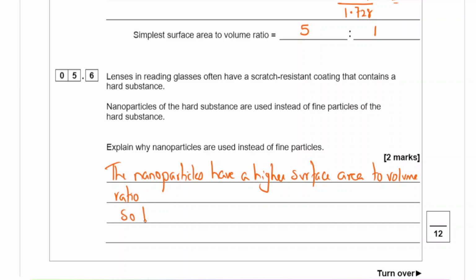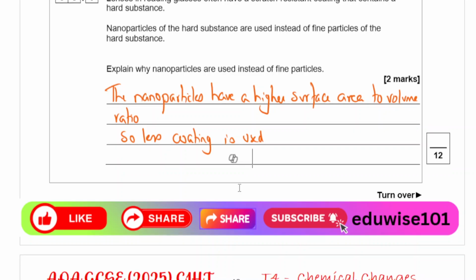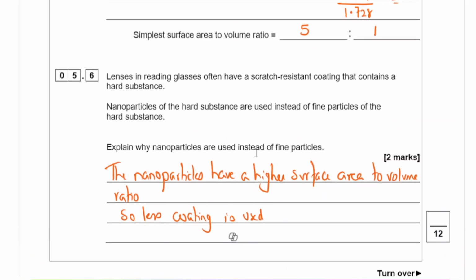So less coating is used in making the glass, or you could say a thinner coating can be used, which means more light gets through the lenses because it's a hard substance. That brings us to the end of question number 5, and I will see you in question number 6.